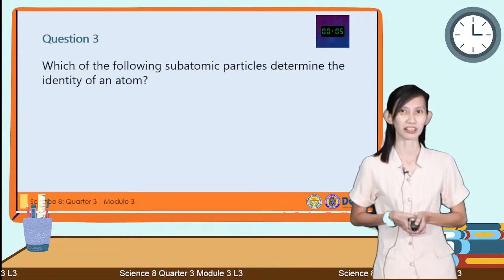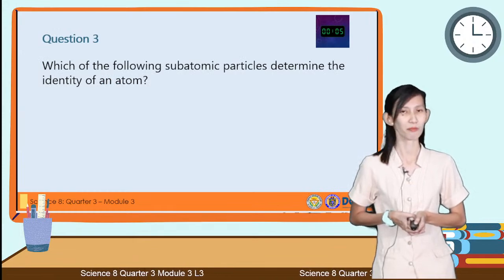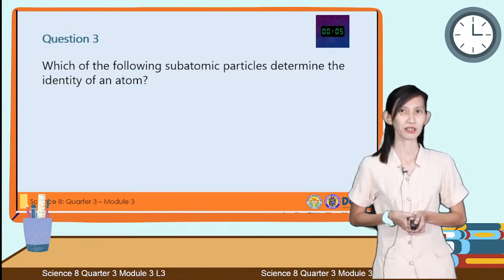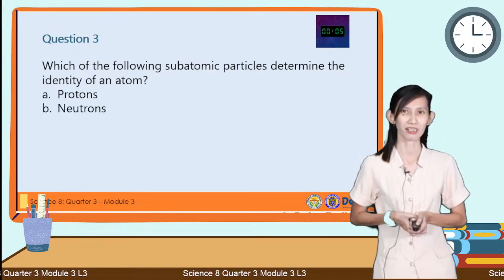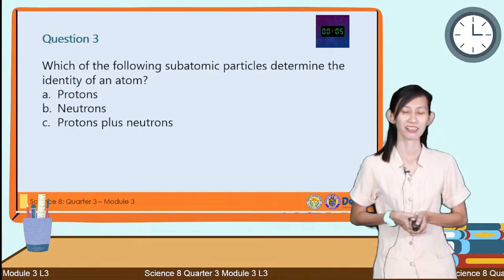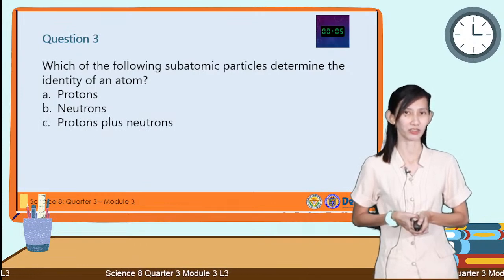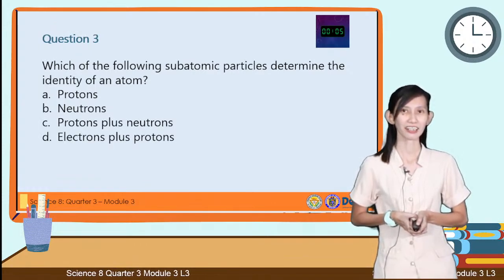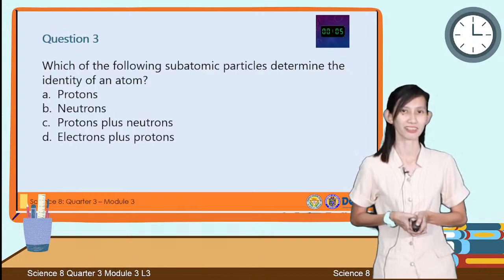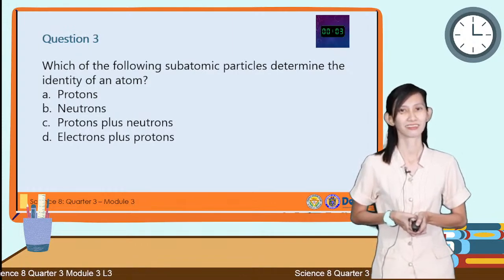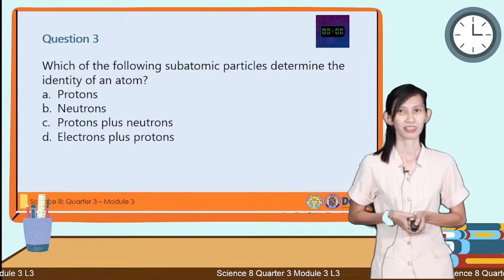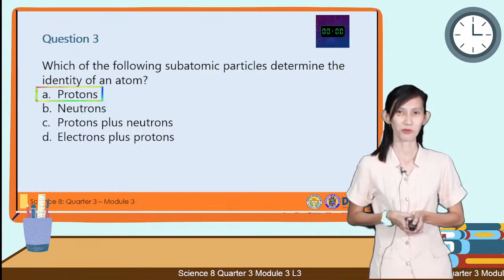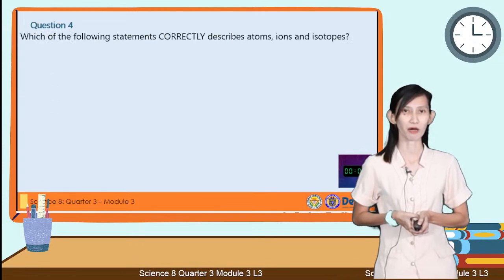Question number 3. Which of the following subatomic particles determine the identity of an atom? A, protons. B, neutrons. C, protons plus neutrons. Or D, electrons plus protons. The answer is protons.